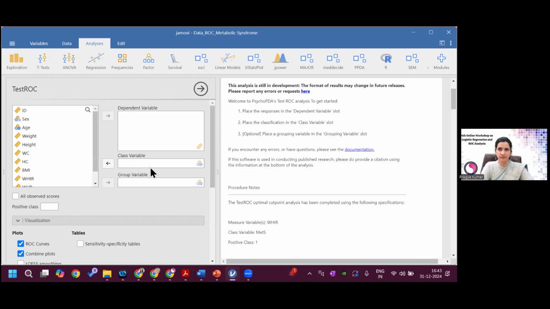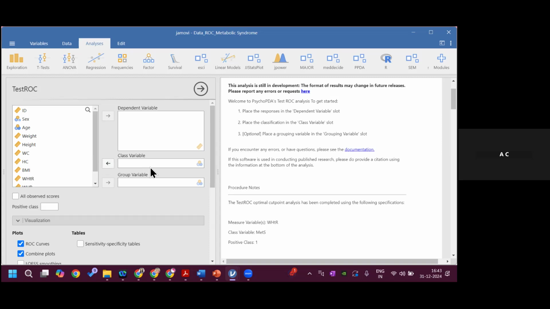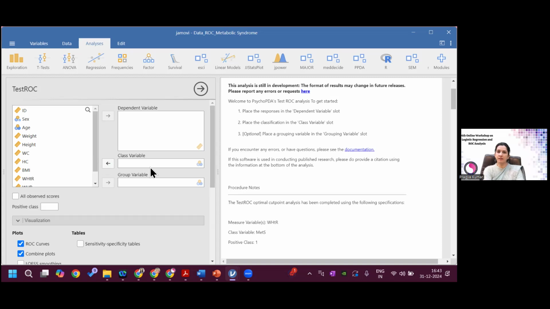Another question, ma'am: some studies mention the ROC curve at a particular cutoff. Is it advisable to mention the cutoff because ROCs take into consideration all the cutoffs? See, AUC is independent of cutoff. AUC is the overall area under the curve. But if you are mentioning the specific sensitivity and specificity, as we have seen the authors presenting in the table, then you need to mention the cutoff.